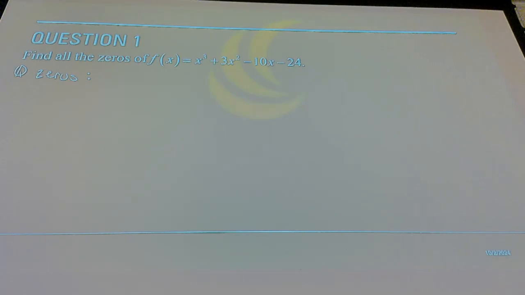What's your constant? So just look at 24. What are the factors of 24? Is that all of them? 12, 2, 6, 4, 8, 1, 3.